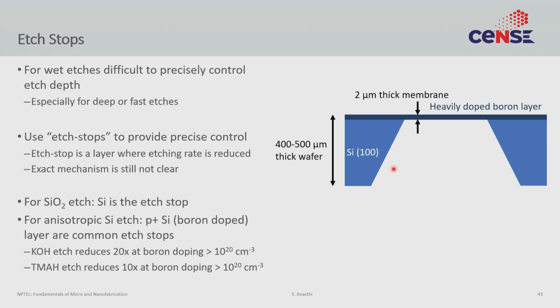Etch stops represent some films which will not be etched by the solution that we are using. So in this case, suppose this dark blue layer is an etch stop. What that means is this etching will continue happening in the silicon 100, but as soon as it reaches this dark blue layer, the etching will stop, or the etching rate will reduce so much that for all practical purposes, the etching is not happening anymore.